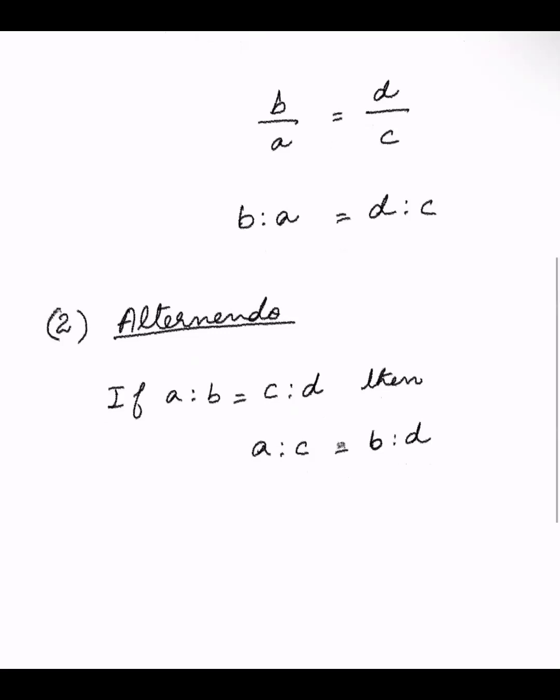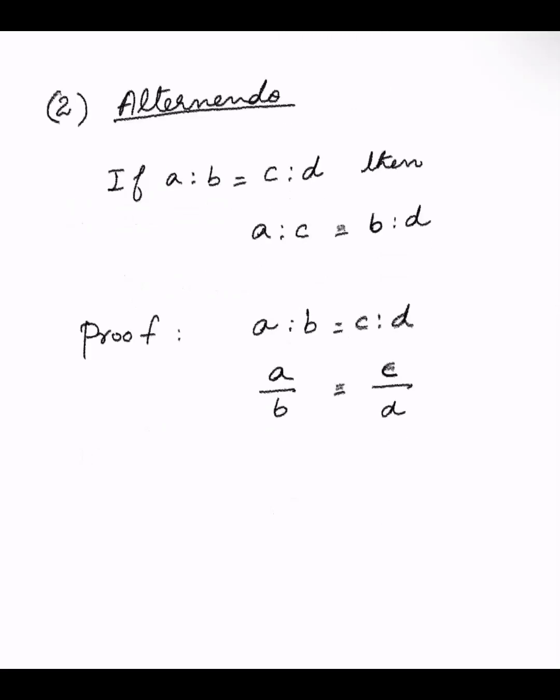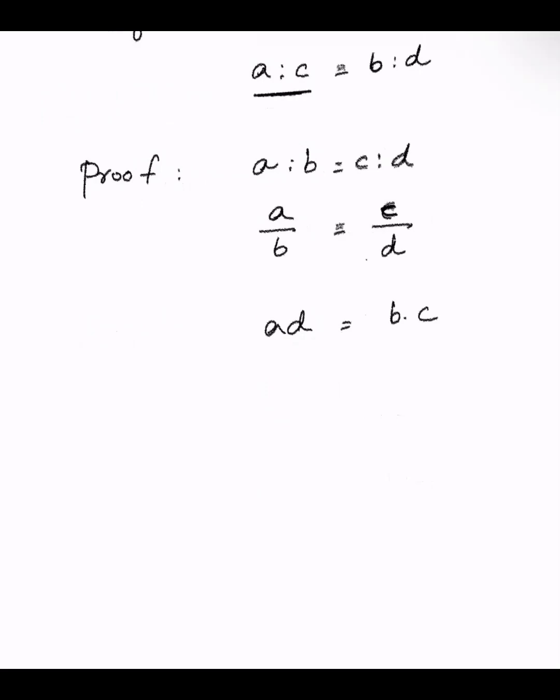We need the proof for this as well. A is to B equal to C is to D. Write it as A by B equal to C by D. Now multiply: A into D equal to B into C. The relation is between A and C, so I have to bring C here, and B and D together, so I have to take D to this side.